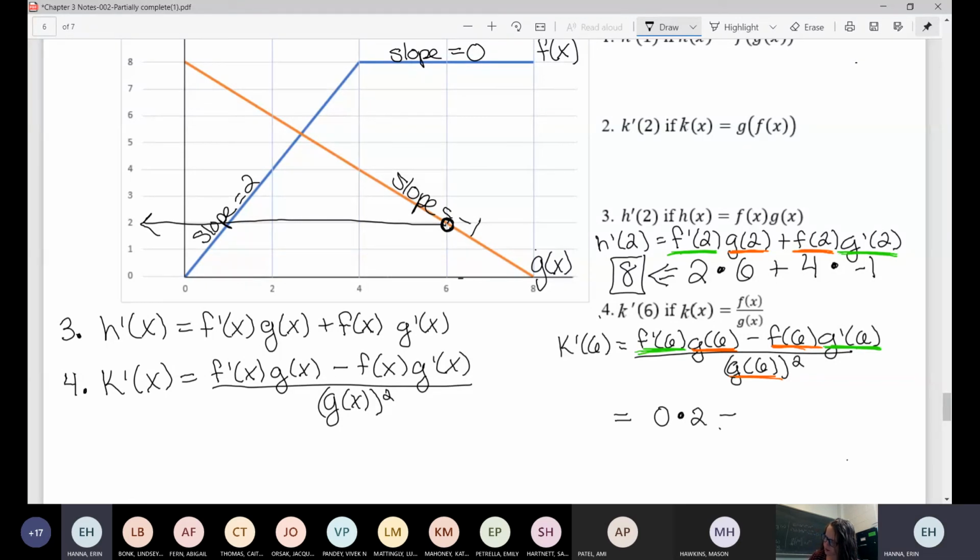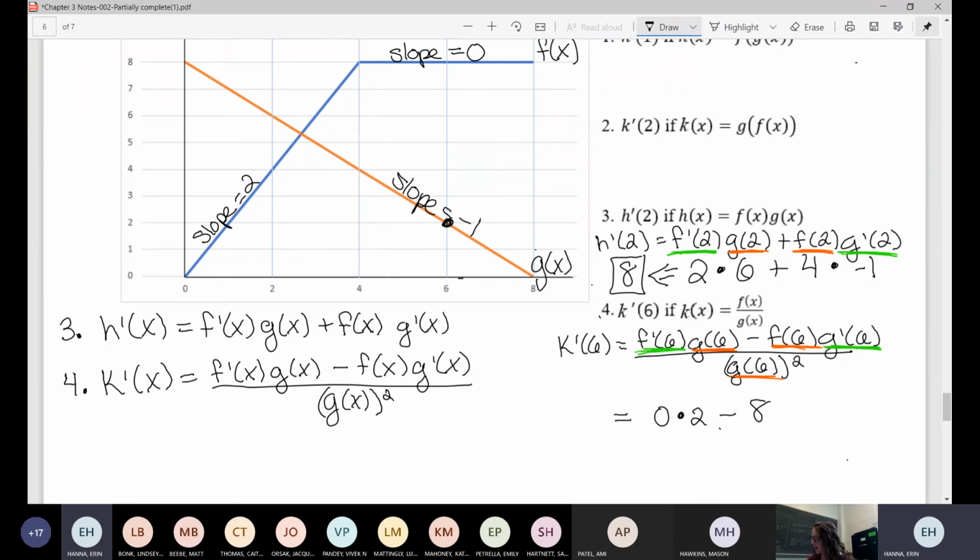Minus f of 6. So where's the function f at 6? Go to the function at 6. That is over at 8. Times g prime of 6. What is the slope of g when x is 6?